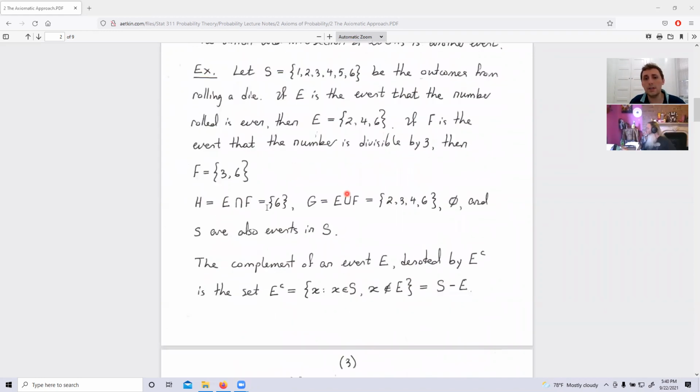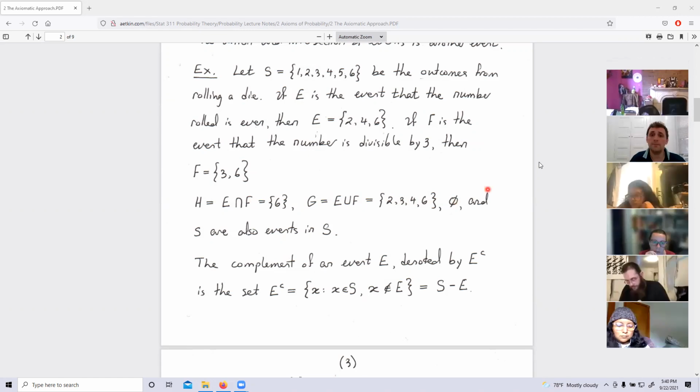Now we can form intersections of events. For example, the intersection of even outcomes and divisible by 3 is just the outcome 6. We can form unions. So even or divisible by 3, it's all the possibilities here. It could be the empty set, that's also a subcollection of universes, the empty subcollection.